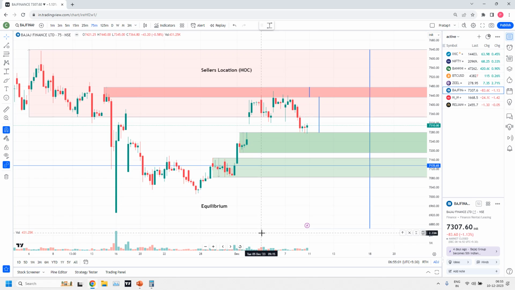Higher time frame is HTF, intermediate time frame is ITF. And the third one is the actual entry, target and stop loss, which we will be identifying in the lower time frames. How will we identify in the lower time frame? By drawing demand and supply zones at the lower time frame.